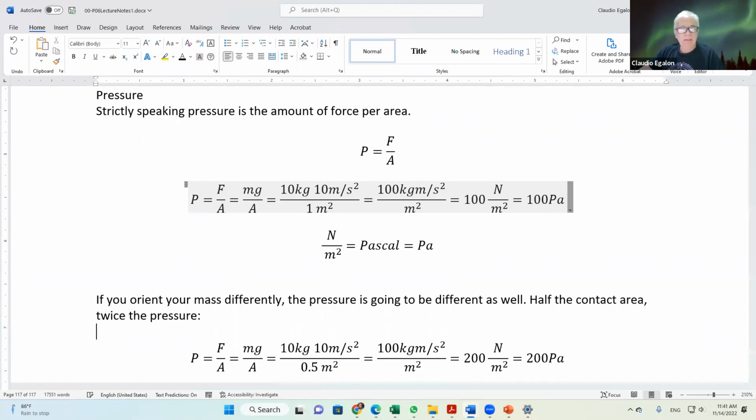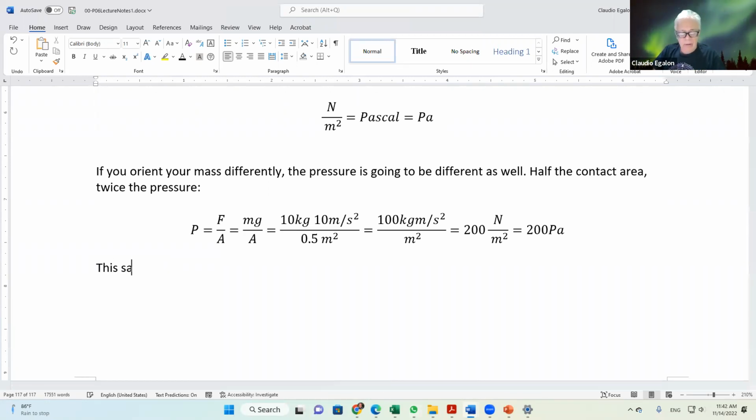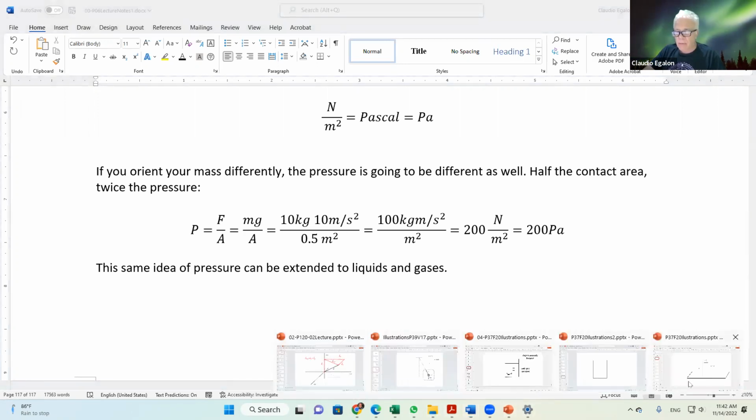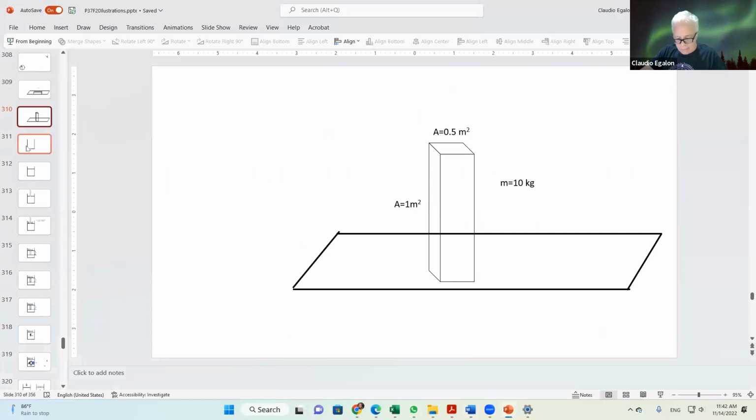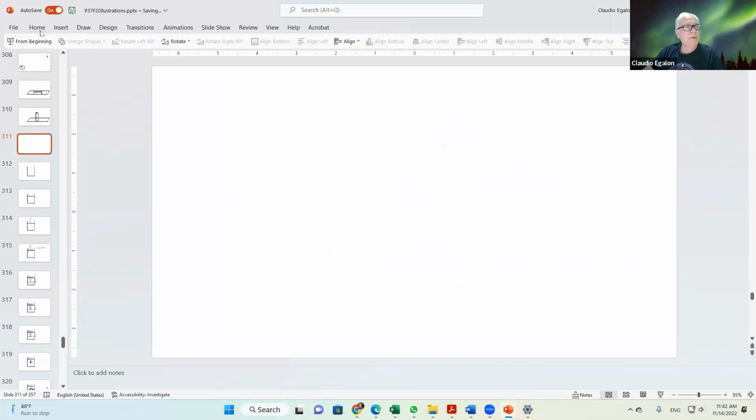Okay? The same idea can be extended not just to solids, but also to liquids and to gases. Okay? The same idea of pressure can be extended to liquids and gases. And it's not difficult to visualize that. Let me try to picture that for you. Think about, we are here on the surface of the Earth, right? Here you go.